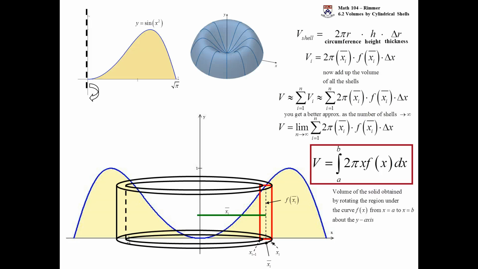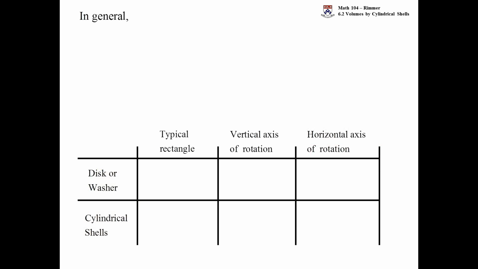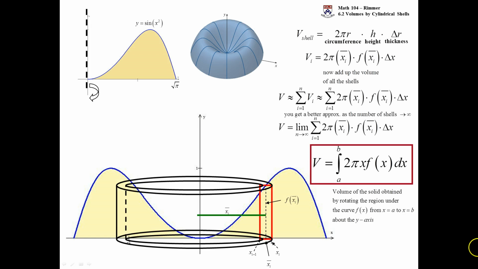So we need some general formula that'll help us through the problem. And it really is based off of our generic shell volume that we derived on the previous slide. So in general, in place of this x, what does this x come from? It's the radius.